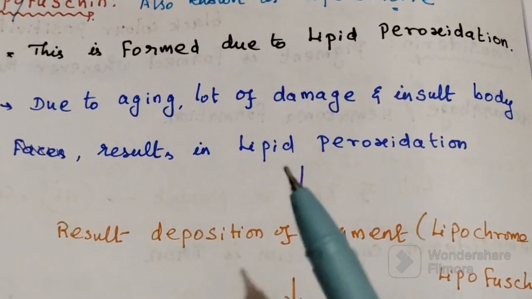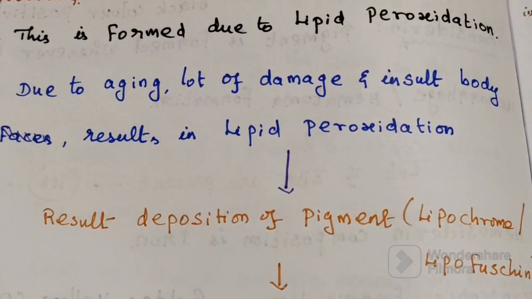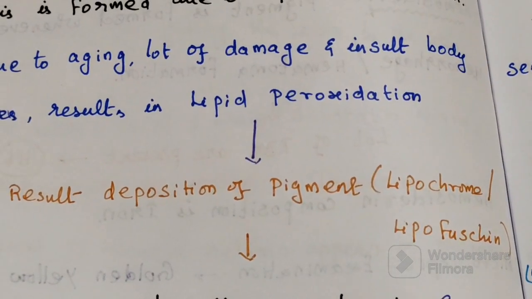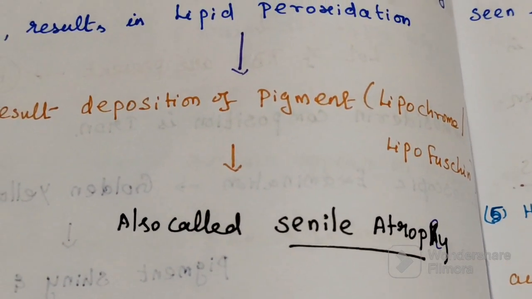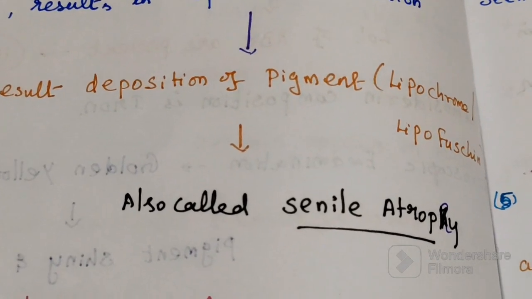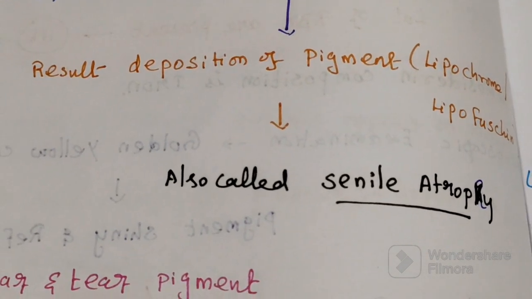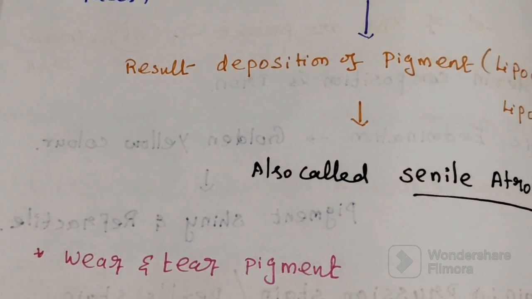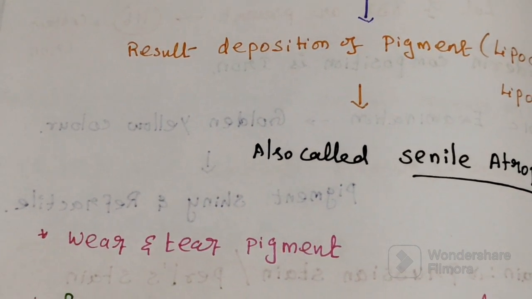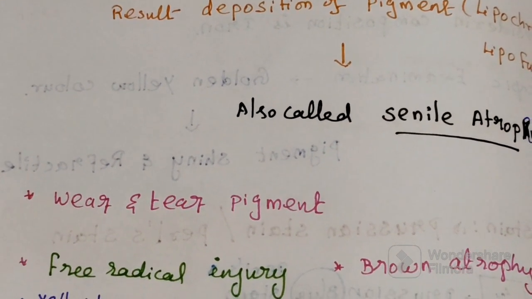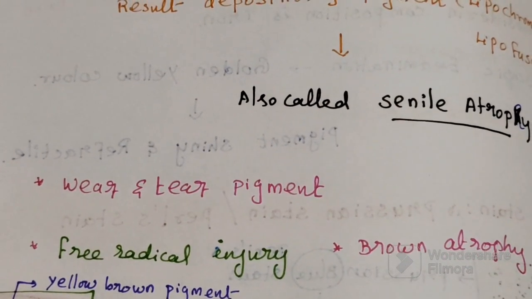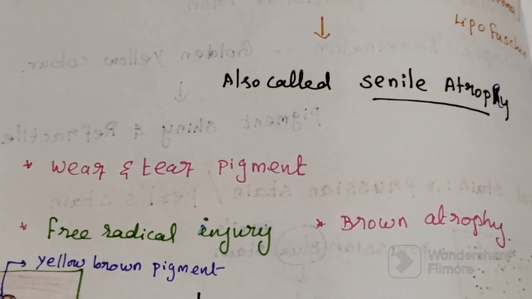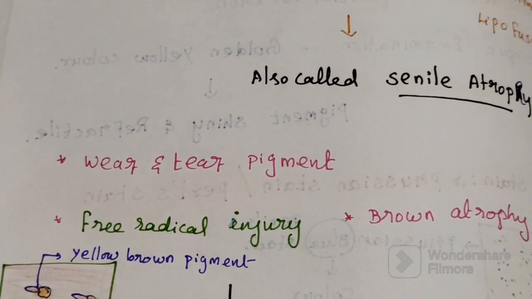This lipid peroxidation results in the deposition of pigment, that is lipochrome or lipofuscin. So this happens with age. This is called senile atrophy. It is also a wear and tear pigment, and lastly, associated with free radical injury.